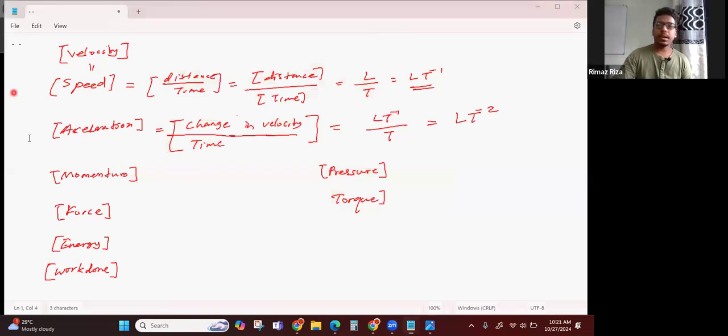Okay. So you can write work done is force into displacement, not distance. In your O level you have studied it, but actually work done is equal to force into displacement.